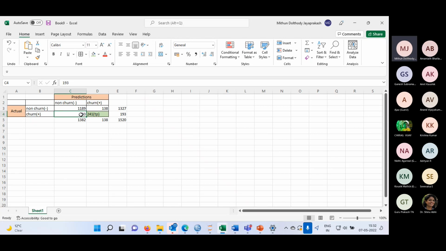Right now, these numbers are changing, correct? Because I put it as TP, it is just changing. Don't worry about this. It's just the row total at the end of the day. Now look at this. Now actual is positive, predicted is negative. What does this mean? Actually, he's a churner.